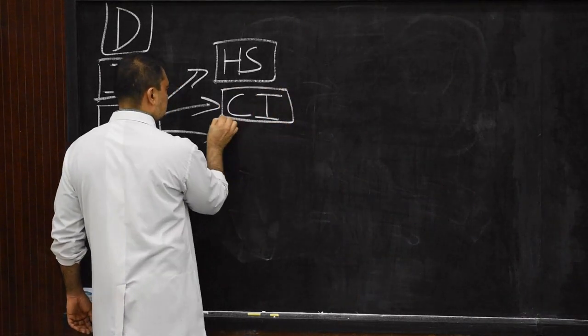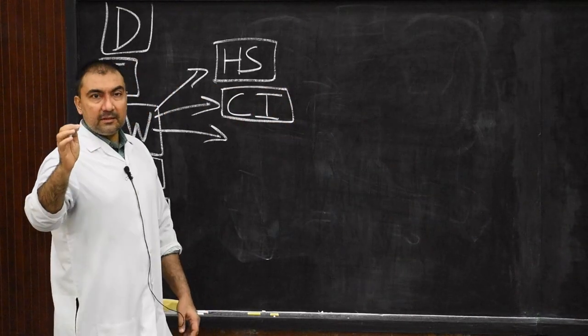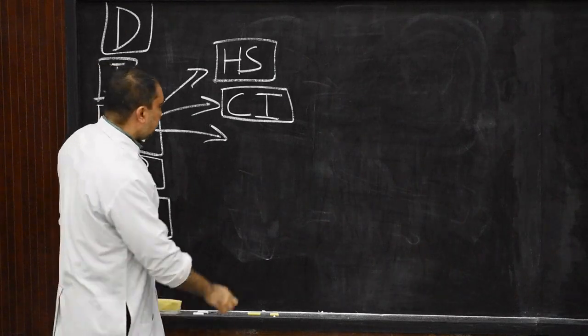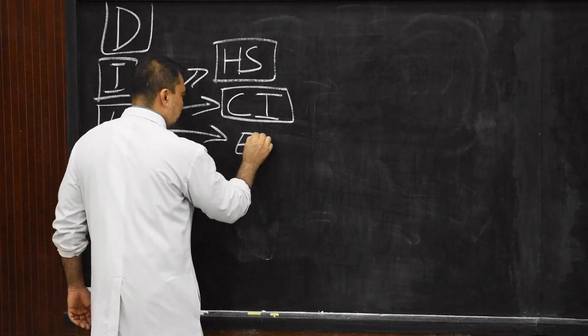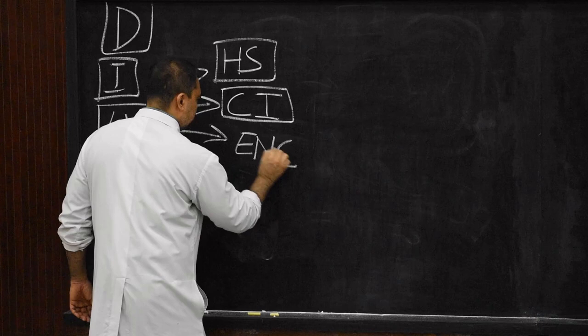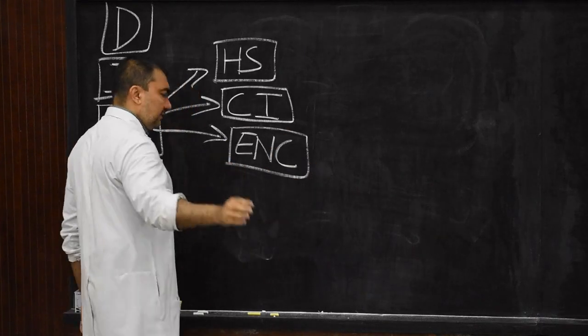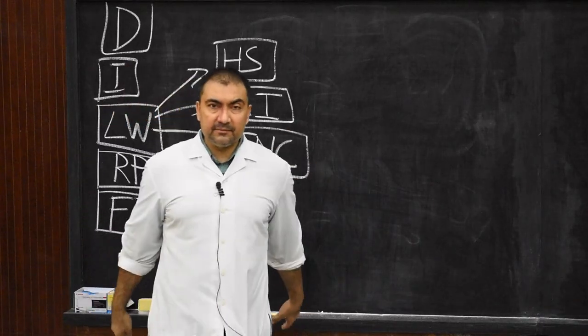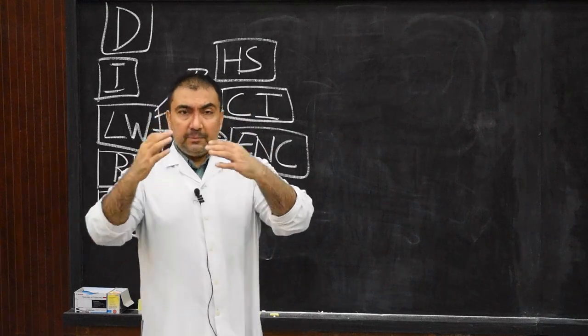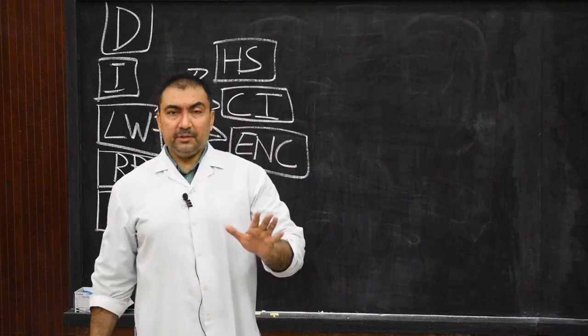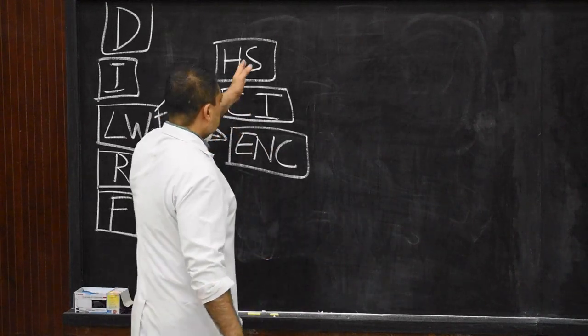And the last point in the development of the lateral wall will be the extraneural cleft. All these three are basically very simple. Only by line diagrams we should be able to understand. Basically very simplified diagrams. Hypothalamic sulcus.